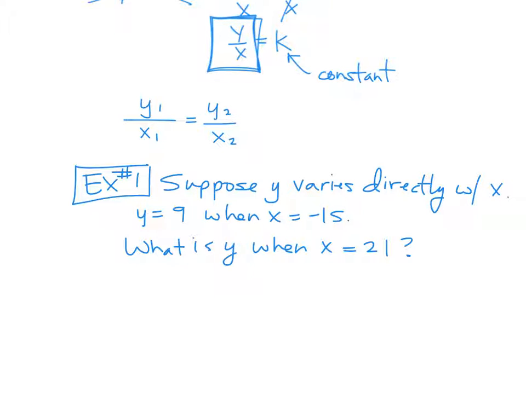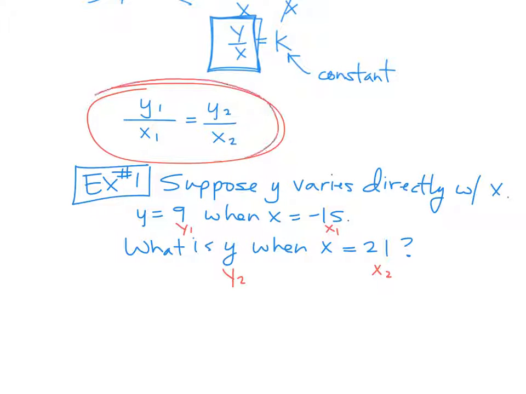So here's how I want you to think of it, okay? This is going to be our y1, which means this is going to be our x1, okay? Which means what we're looking for is our y2 when this is our x2. And then this is the proportion you're going to use every single time. So y over x equals y over x. Just make sure that your 1's stay together and your 2's stay together.